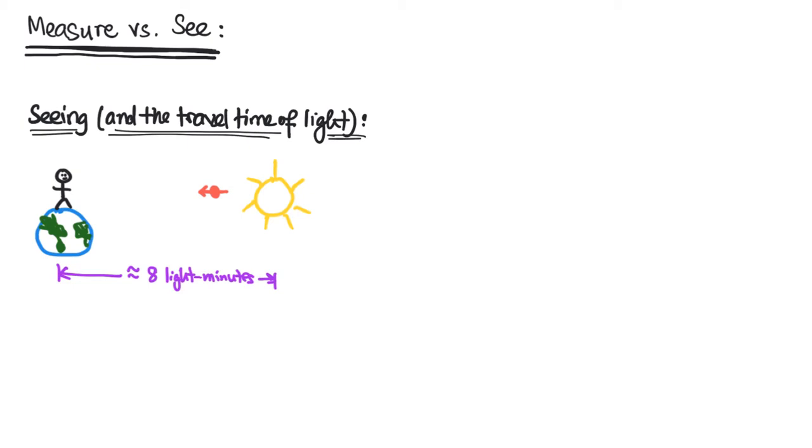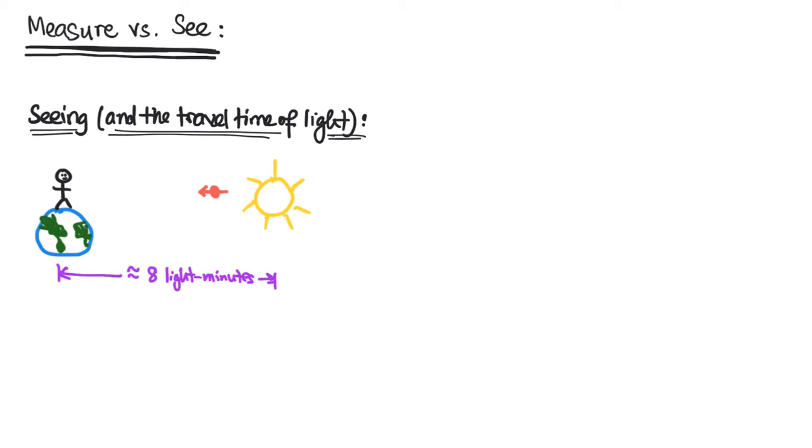In particular, let's say that it's noon on the sun when this photon was emitted. So say that this photon, and maybe a bunch of photons emitted at the same time, are carrying with it a picture of the clock reading noon. Okay, so 8 minutes later, that light will reach our eye, and the picture encoded in that light will say noon, even though 8 minutes has elapsed on the clock that's on the sun.